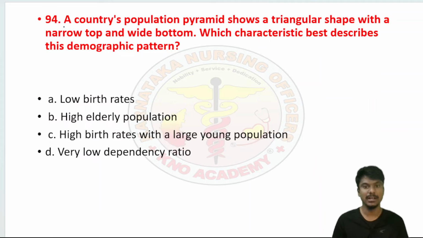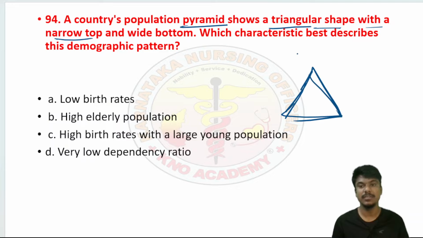94th question. Here they asked a demographic question from community medicine. A country's population pyramid shows a triangle shape with a narrow top and a wide bottom. Which characteristic best describes the demographic pattern?